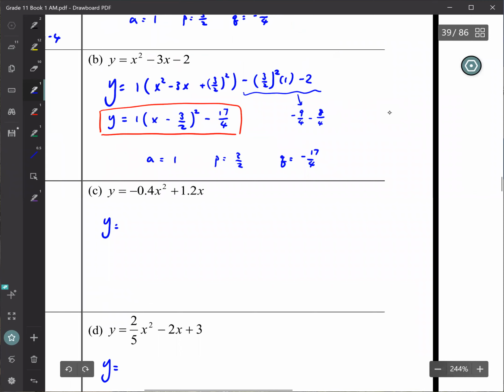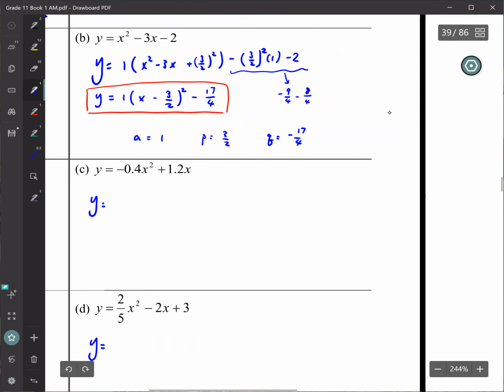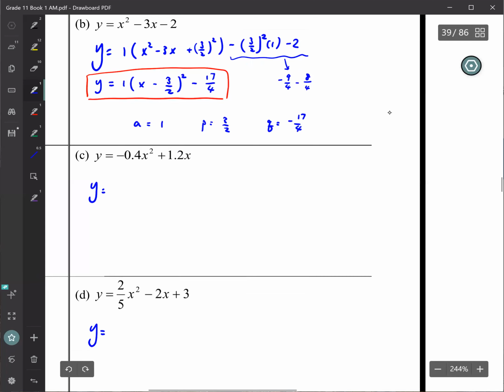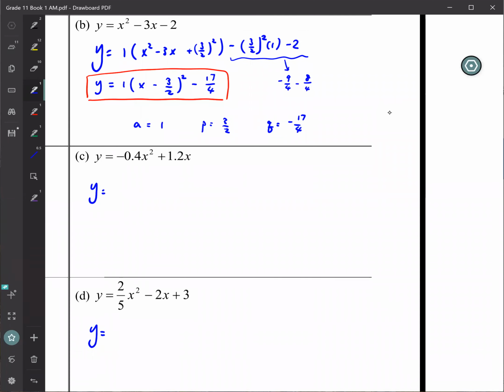Question B looks good. Okay, and raise your hand if you finish both C and D. Question C, leave your answer in decimals. Question D, leave your answer in fractions.